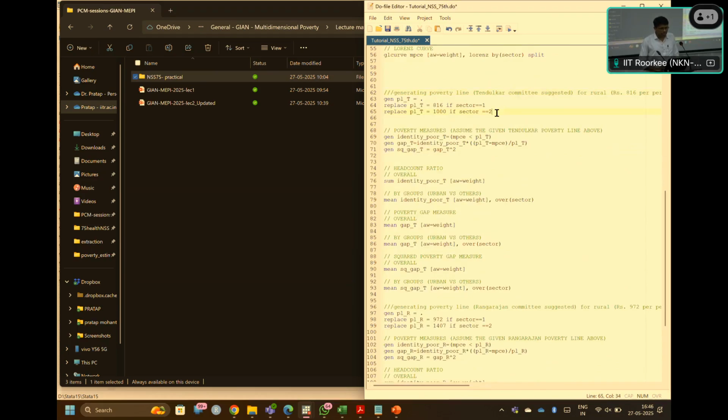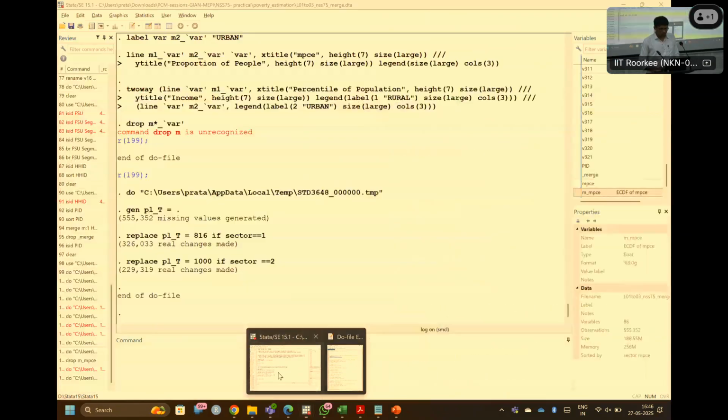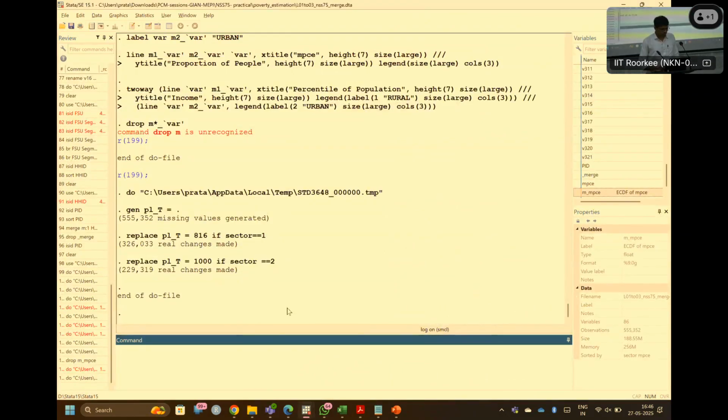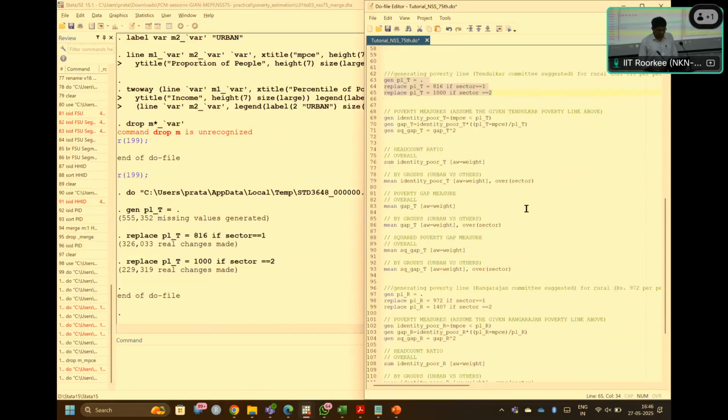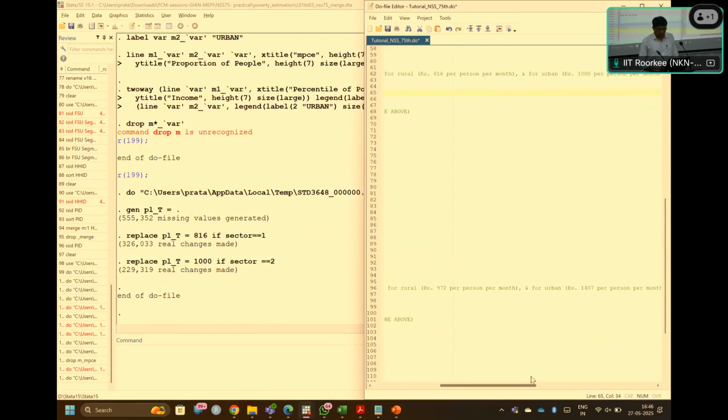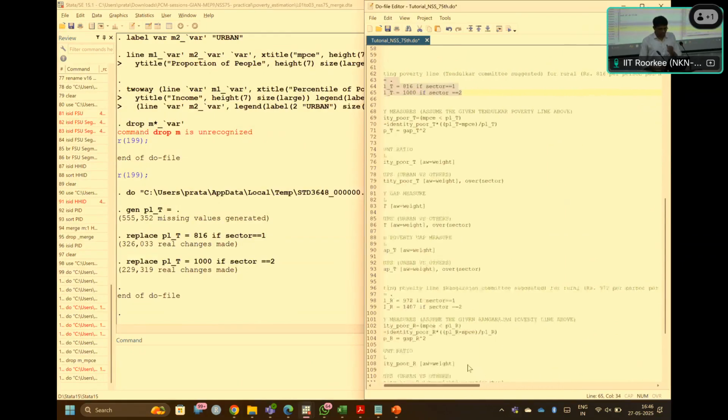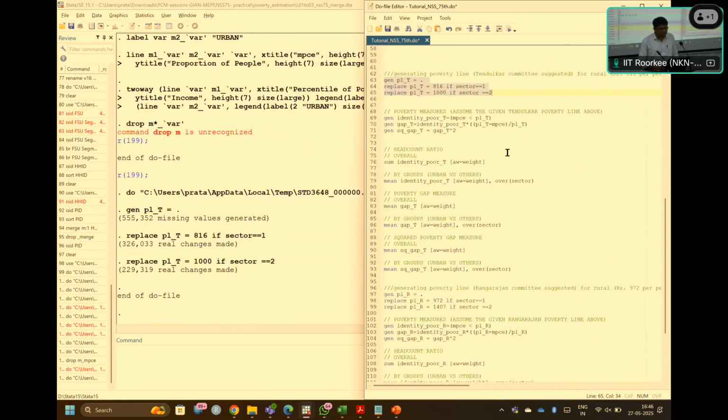So for that, 900, we have mentioned this also pretty clearly here. 972 and 1,407 for urban areas. Okay, so all the steps are given, but just one or two calculations I'll do at this moment. Rest I think you can operate on your own.